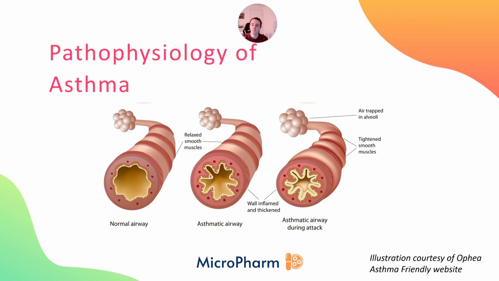So when we expose our airways to cold air, for example, they're going to constrict, they're going to produce much more mucus, and that's going to cause an airway obstruction or a partial airway obstruction, particularly in those small airways that are very, very affected by constriction of smooth muscle.